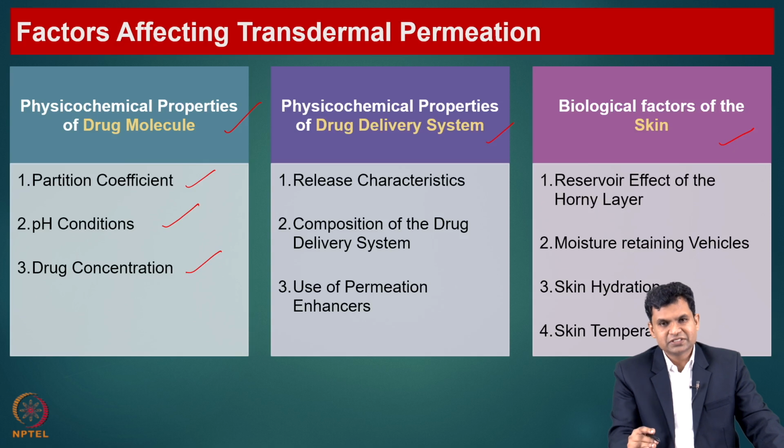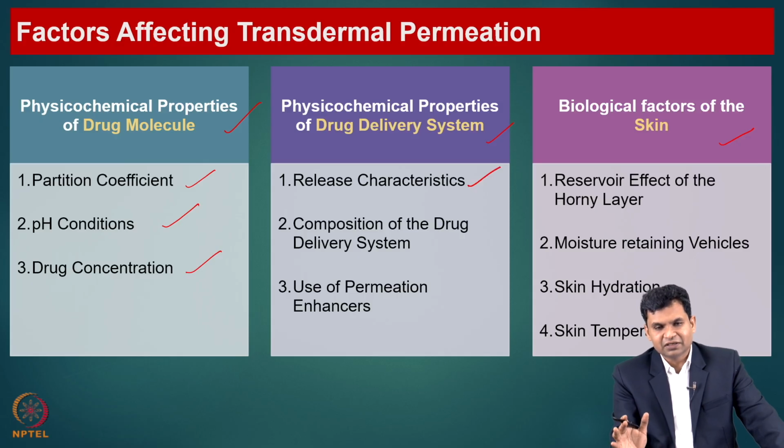Then we are going to discuss the physicochemical properties of the drug delivery system, which are related to the dosage form, the release of the drug from the delivery system, and the composition we use in the drug delivery system. There are also specialized excipients called permeation enhancers, which will help the drug permeate further. That is also another factor.